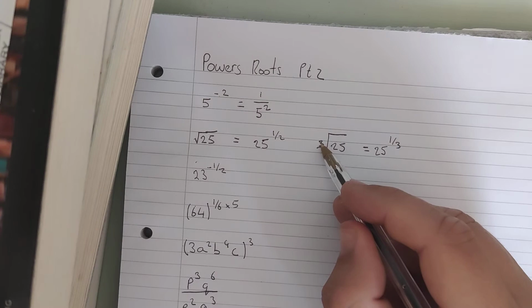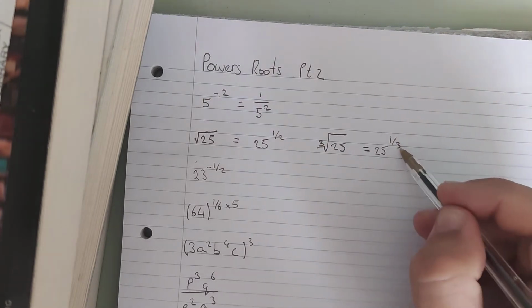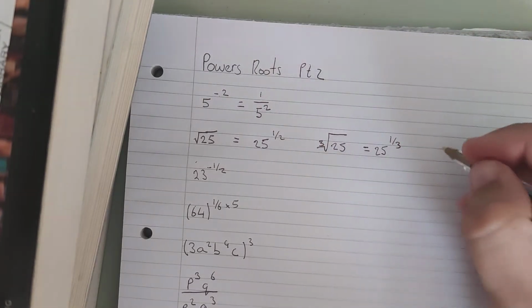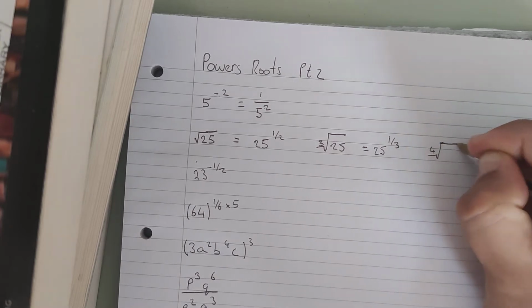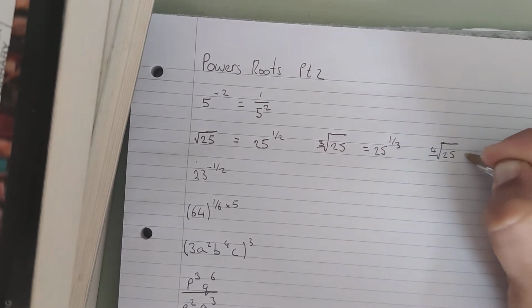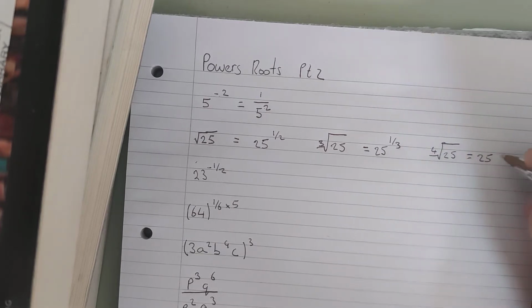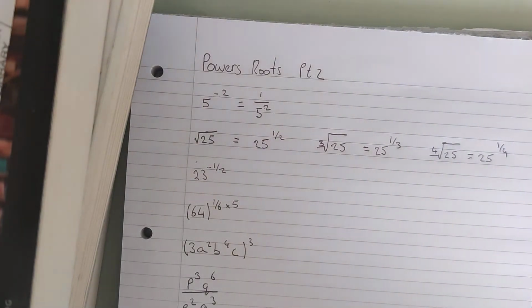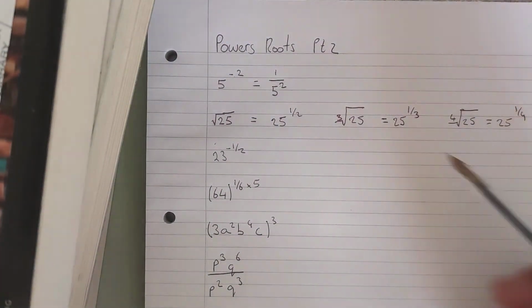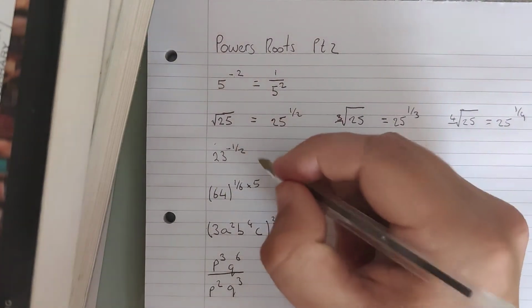So this number here always goes as a fraction. So if it was the fourth root of 25, then that would equal 25 to the power of a quarter. And you can do that in reverse quite easily as well. Exactly the same thing, just backwards.